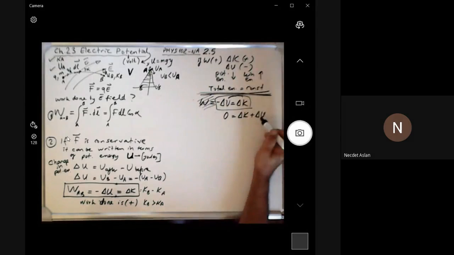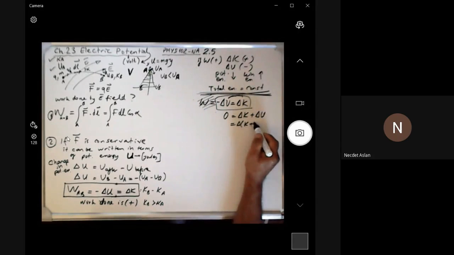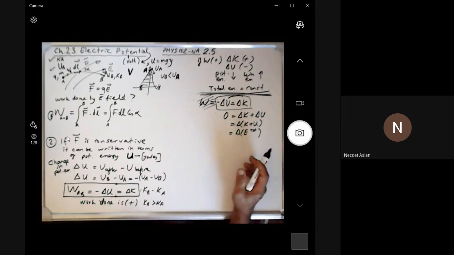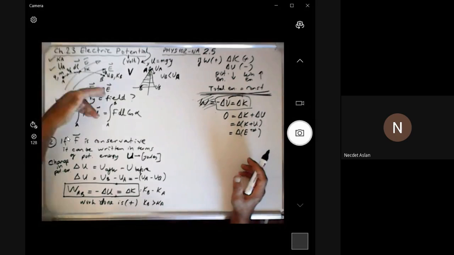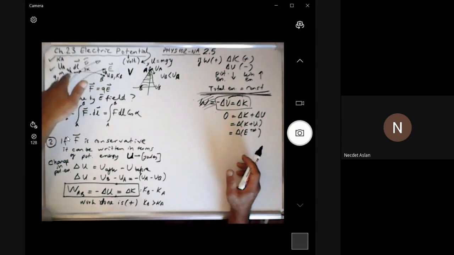Now what is that? It's just delta kinetic energy plus potential energy, which is delta total energy, or total mechanical energy, because there are different energy types. Maybe if there is a chemical energy changing from this point to that point, or maybe even nuclear energy or some kind of other gravitational energy, then you have to also include those potential energies into the expressions.